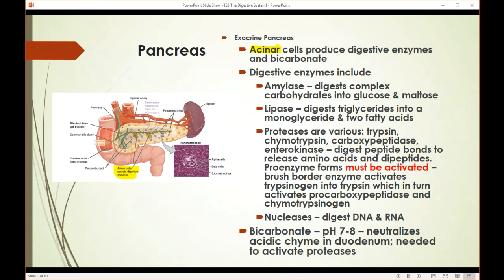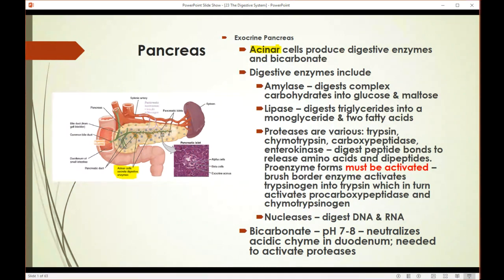Okay, but what we have is proenzymes, and proenzymes are going to be formed, and they must be activated. Okay, the brush border enzymes are going to activate them, right? Because if we just released proteases, they would just start to digest proteins, and most of your body is made up of proteins. Proteins, remember, enzymes, those are proteins.